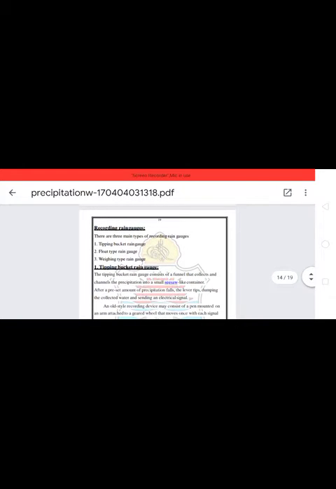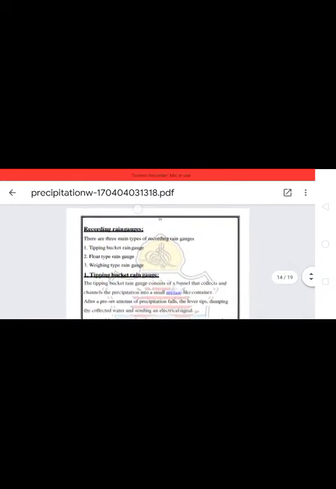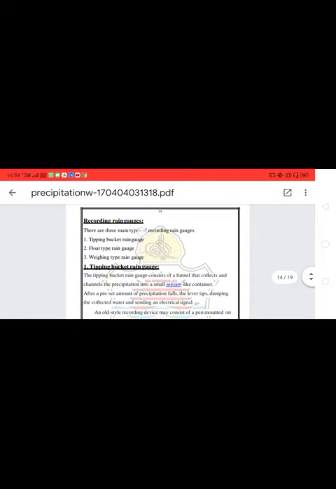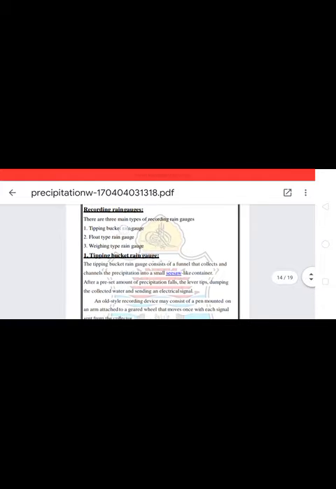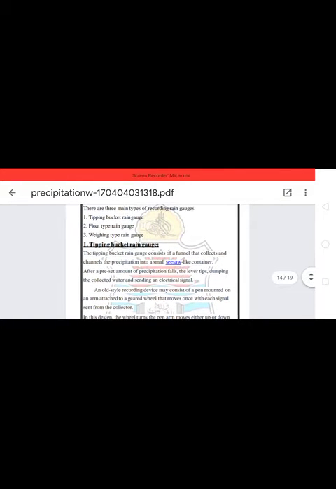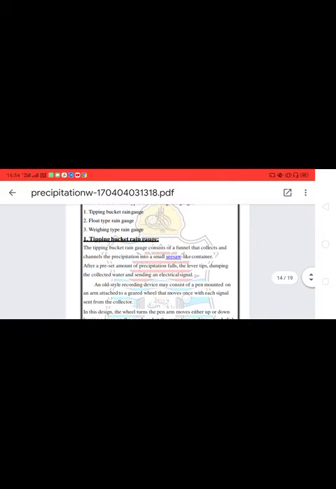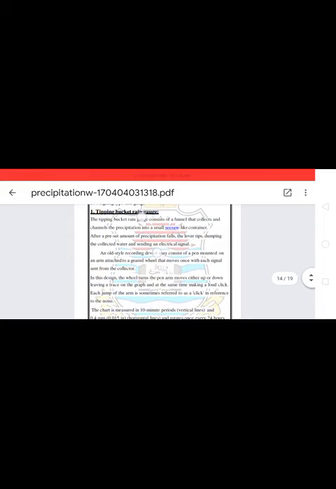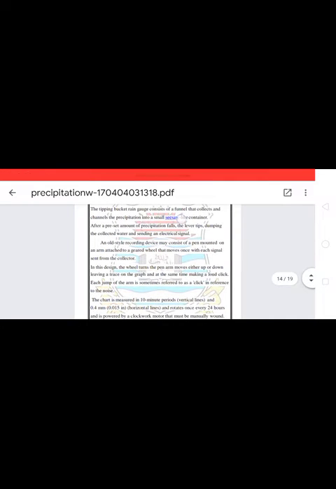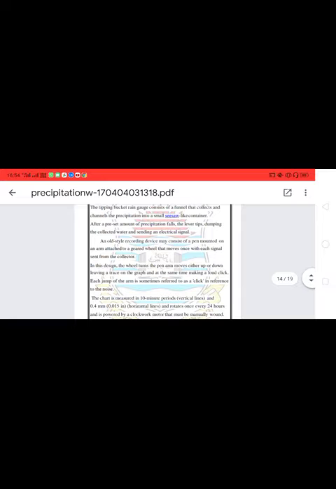Now come to the next and effective point about rain gauges, which is recording type rain gauges. There are three main types of recording rain gauges: tipping bucket rain gauges, floating type rain gauges, and weighing type rain gauges. What is a tipping bucket rain gauge? The tipping bucket rain gauge consists of a funnel that channels the precipitation into a small seesaw-like container.